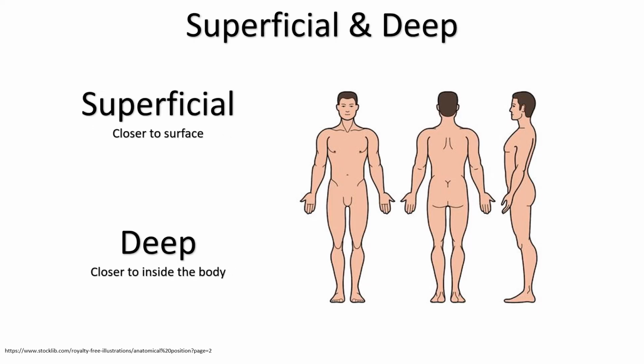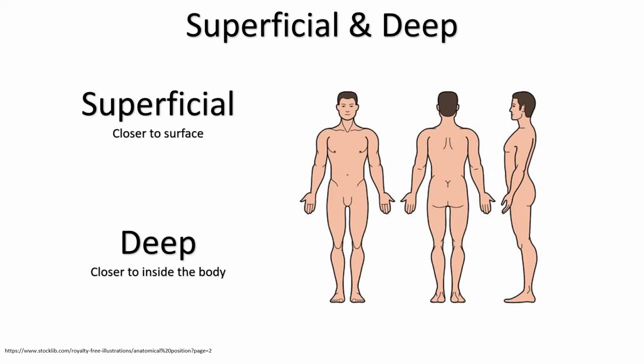So the next two, and the final two, that we're going to look at are superficial and deep. This has to do with how close you are to the surface of the body. Superficial is closer to the outside of the body and the surface of the body, and deep would be closer to the inside of the body. A good example of superficial that gets used a lot is the idea of skin and bones. The skin is on the outside of your body, so that is superficial compared to your bones.